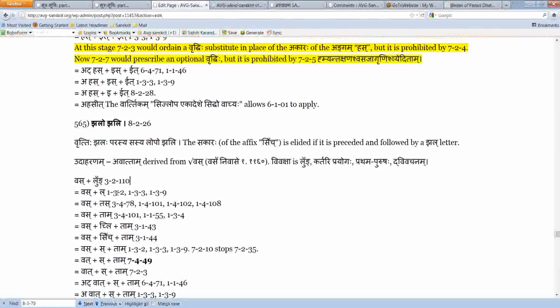Jalaf Parasya Sasya Lopo Jali. The Sakara of Sich is sandwiched between 2 Jal letters. So if you take the Dhatu Vassa Nivase, take Lung Karti Prayagaha Pratham Purusha Dvivachanam. So Parasya Badi Dhatu taking Dvivachanam, we can apply Jalo Jali.